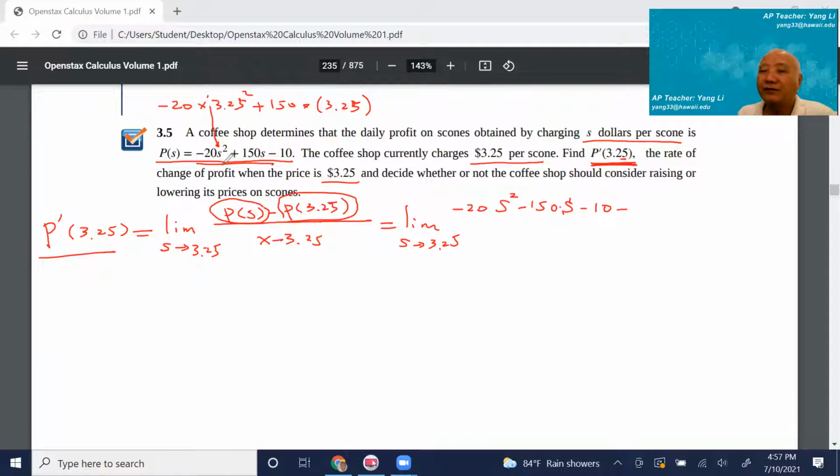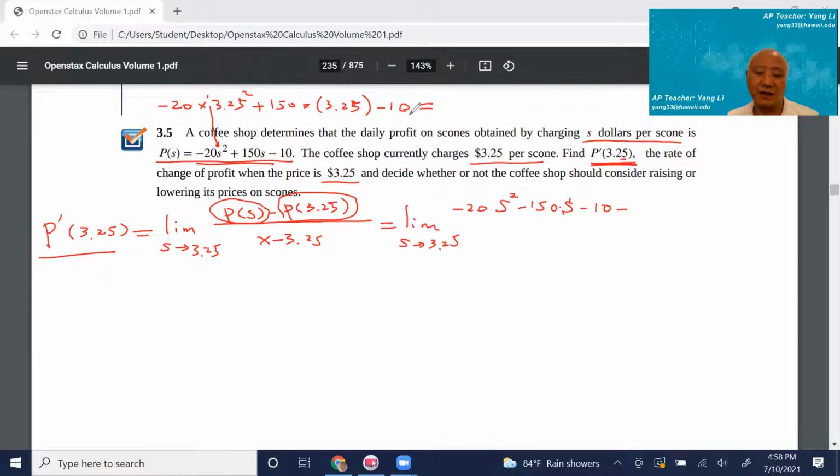When you do P(3.25), you just use negative 20 times 3.25 squared plus 150 times 3.25 and minus 10, okay? So you can use a graphing calculator to do this now, okay? I'm using the TI-84. I can do it, you can do it also.